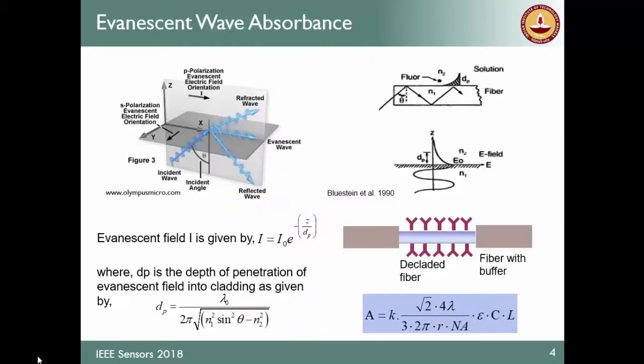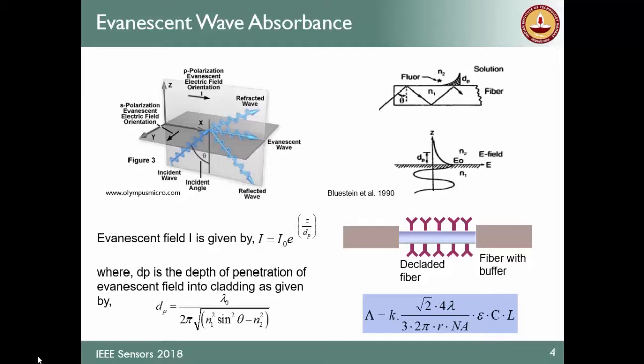Why fiber optics? Mainly because there is always an evanescent field whenever total internal reflection takes place, and one can exploit this evanescent field to detect a molecule or a particle if it can absorb light. I'll show you a little later.